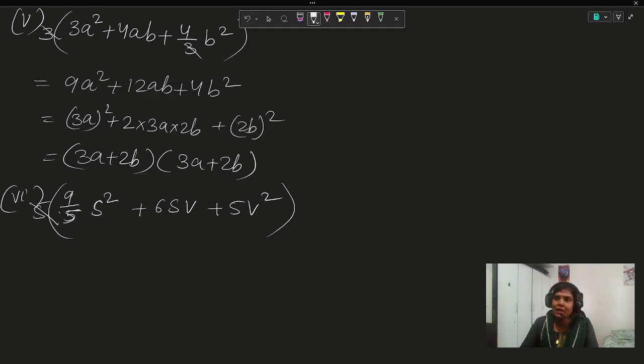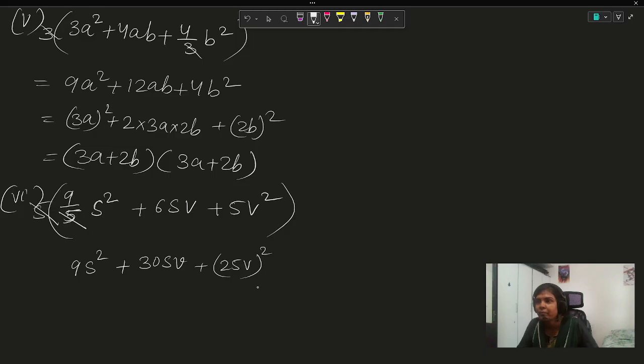The first term, 5 is cancelling. I'll get 9s square plus the second term, 6 times 5 is 30sv, and the last term, 5 times 5 is 25v square.